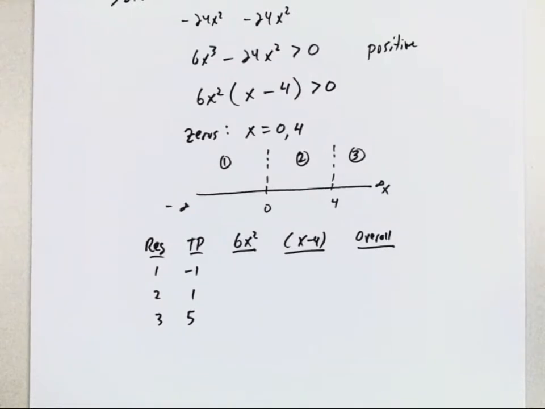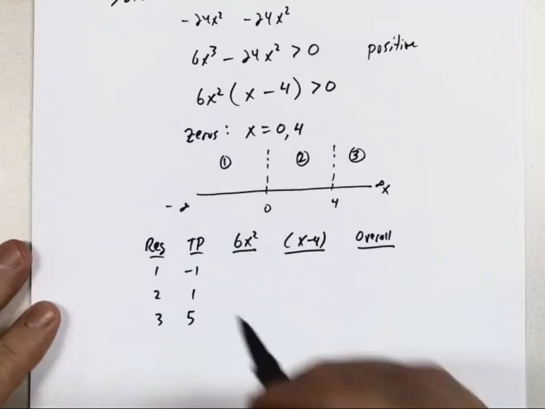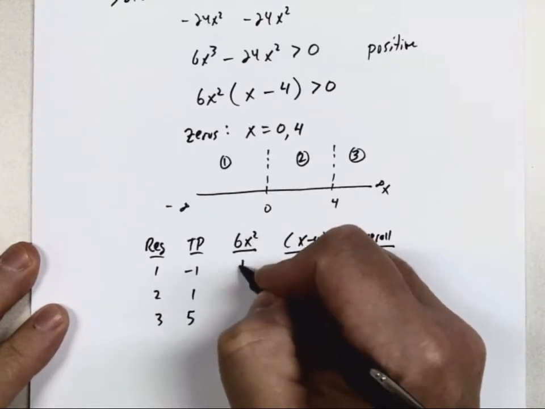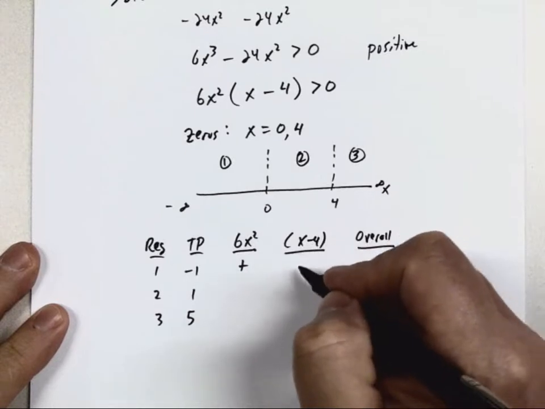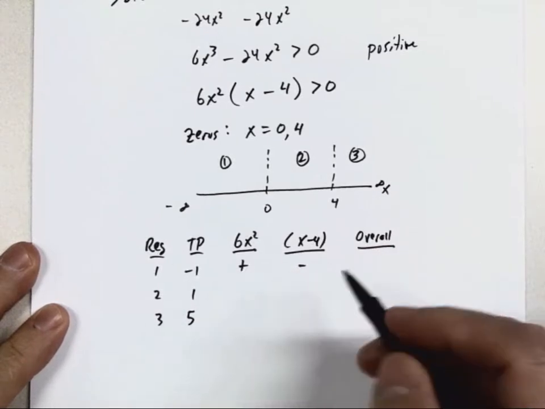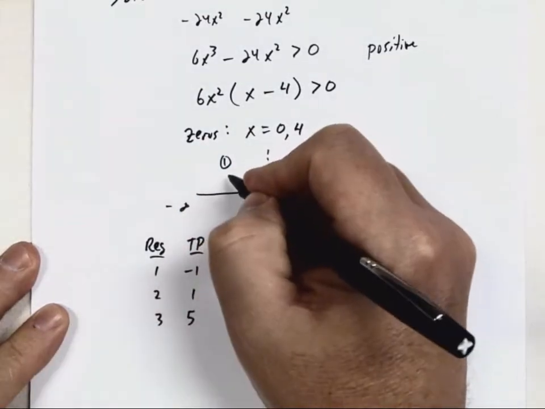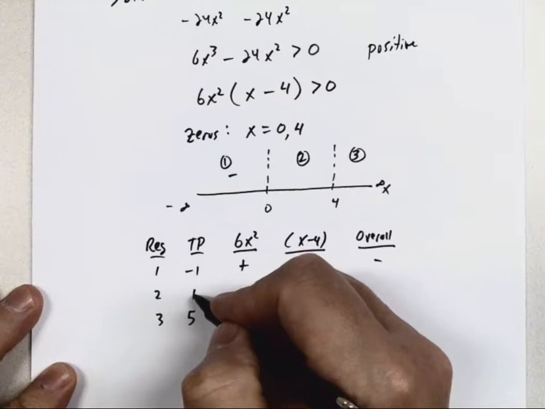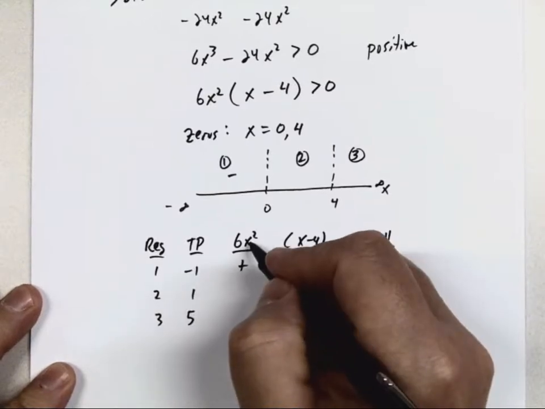So now I go to each region and plug in my test point, and I start looking at the signs, whether they're positive or negative. So -1 into here, -1 squared is +1, so that's a positive number. -1 here, it's negative. Positive times a negative is a negative. I've just determined region 1 is a negative region. Region 2, with my test point 1, I plug in 1 into here.